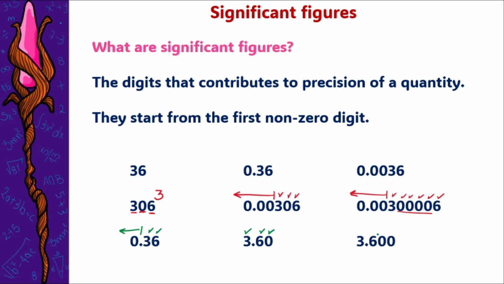And let's check this last one, 3.600. And you would say, but these two amounts are exactly the same. Well, not exactly. Taking into account the amount, they are equivalent, but this one has more significant figures. It has a 0 at the end, more than the previous one, so it has 4 significant figures.